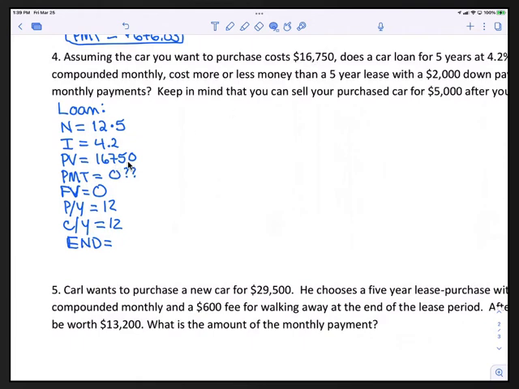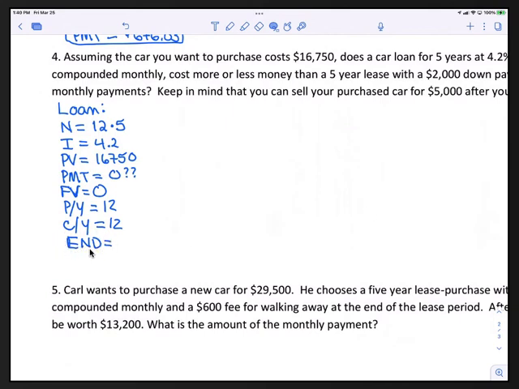That's $16,750. The payment is 0 with question mark because we need to solve for the payment. The future value is 0 because when you pay off the loan, you have $0 left. And both PY and CY are 12 because it's monthly. And you want your calculator to be set at end.